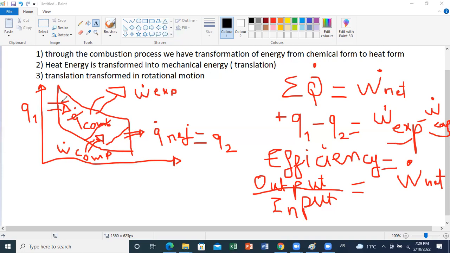So your output is the work produced by your internal combustion engine system. Now, what is your input? What is the energy you are consuming? Combustion. Very good. Here you are burning fuel in order to produce thermal energy. This is your input. So your input is Q1.